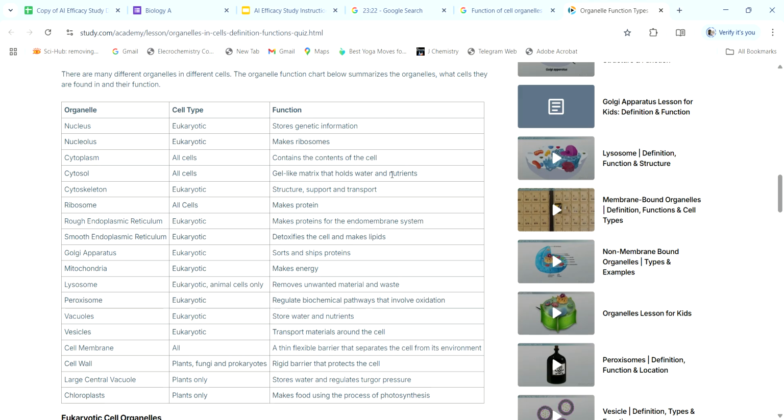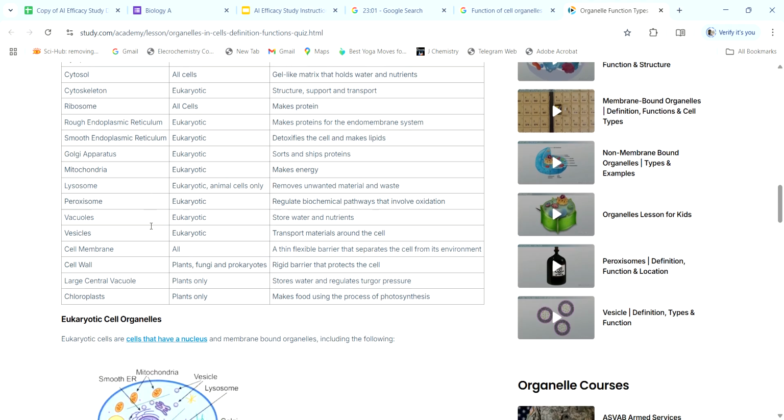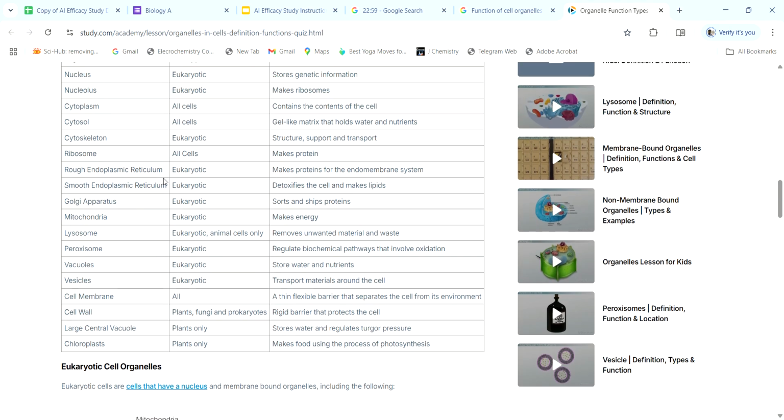Cytoskeleton remains in the eukaryotic cell. It functions as structure, support and transport. Ribosome remains in all cells and functions to make protein. Rough endoplasmic reticulum remains in the eukaryotic cell and makes protein for the endomembrane system.